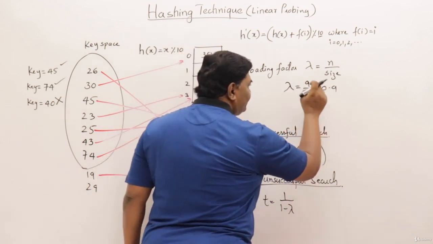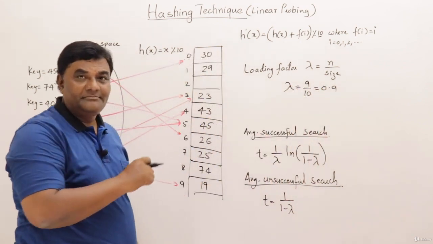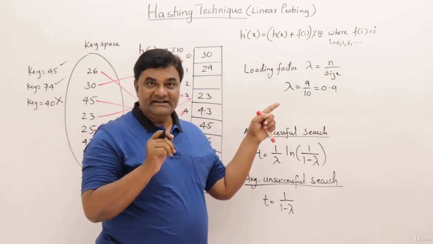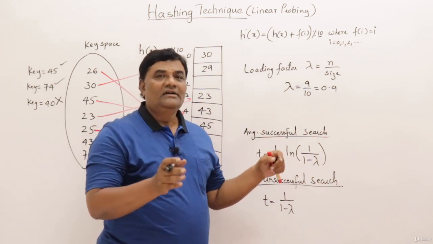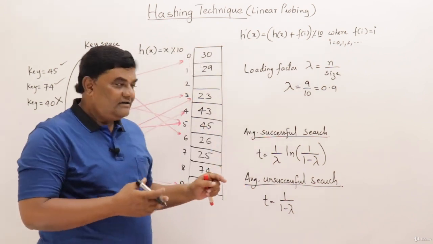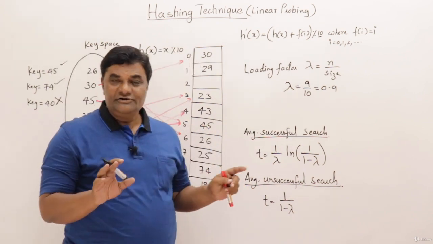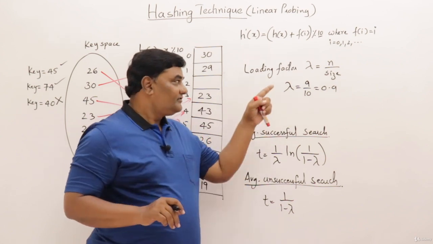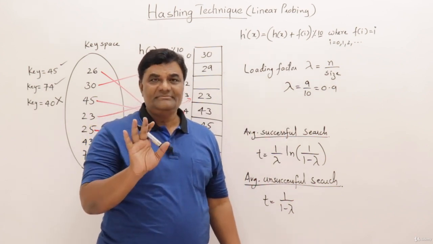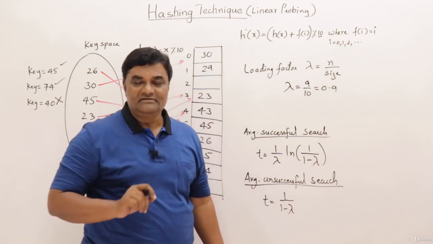See, loading factor we got in decimal, less than 1. In chaining it was greater than 1. But here the size of the table is fixed, so you cannot exceed the size. That's why it is less than 1. Always loading factor will be less than 1 only, in decimal.